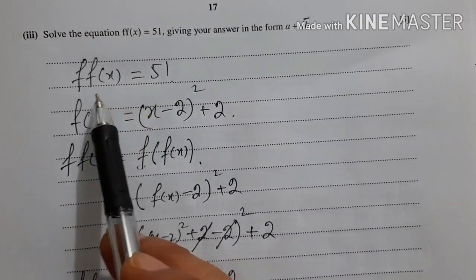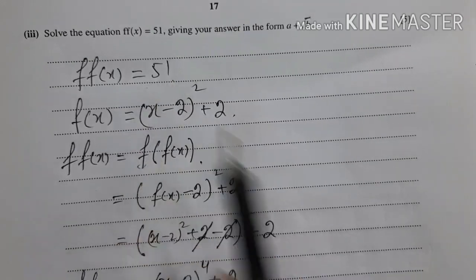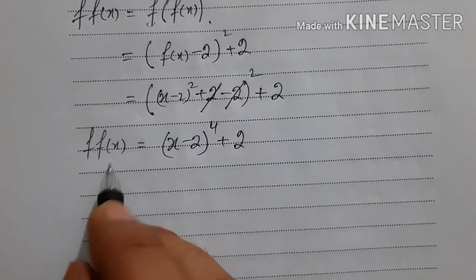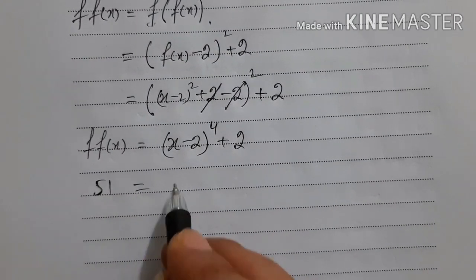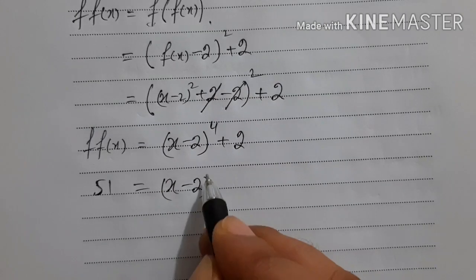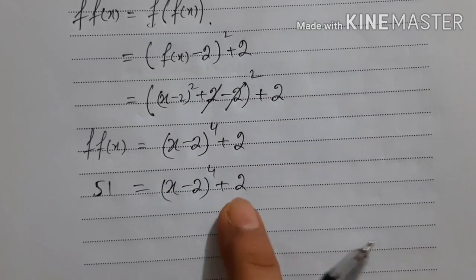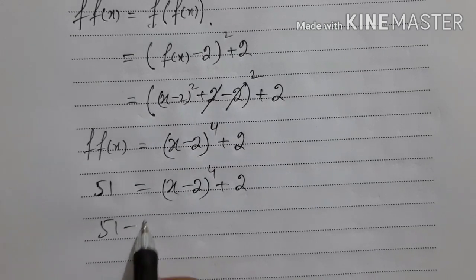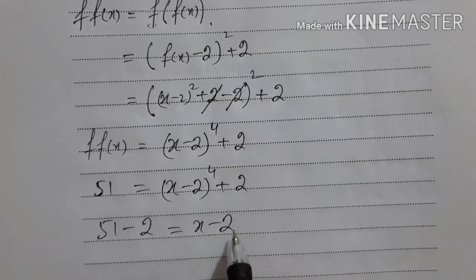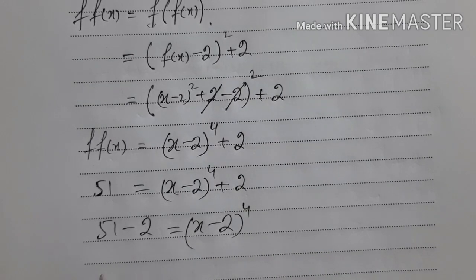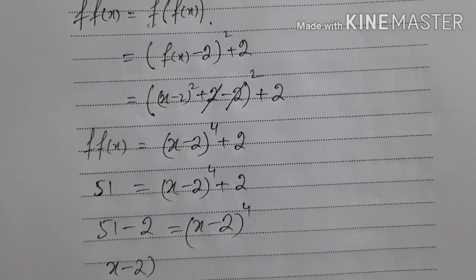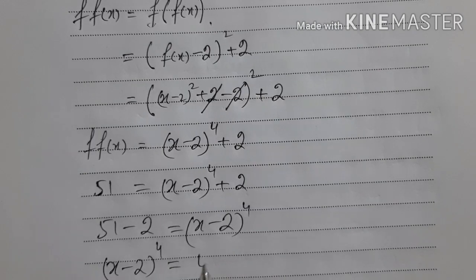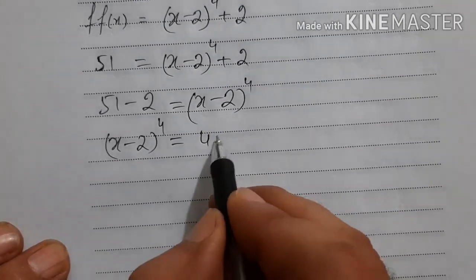But the value of f of f of x is 51, so we'll put the value here. This will become 51 is equal to (x minus 2) power 4 plus 2. Take 2 on the left side. So 51 minus 2 is equal to (x minus 2) power 4, or I can write it as (x minus 2) power 4 is equal to 49.